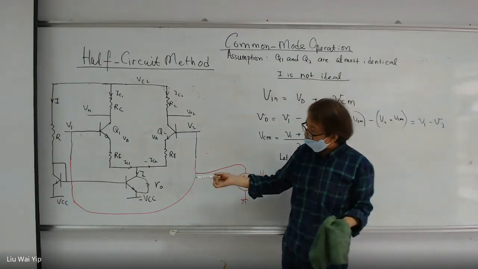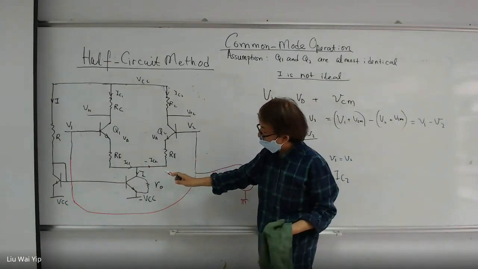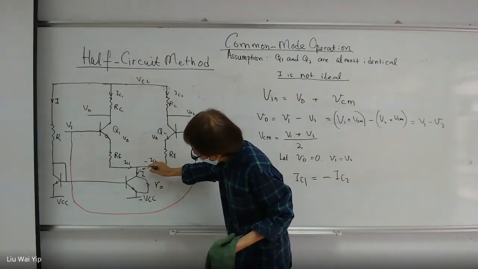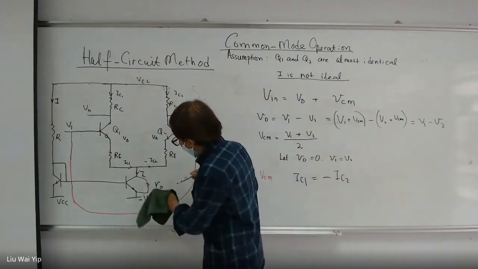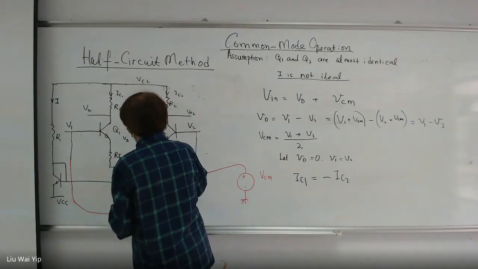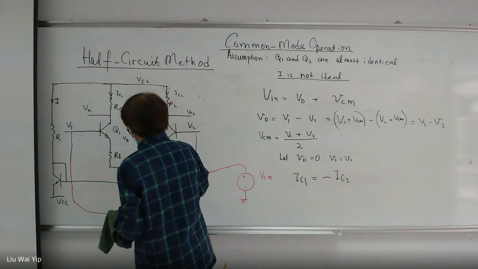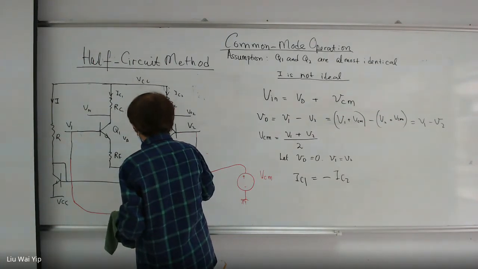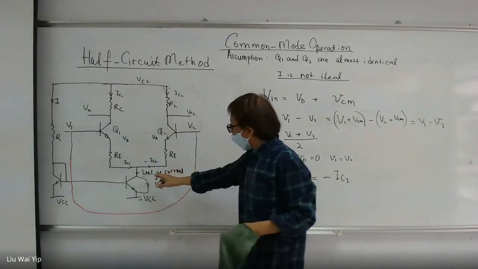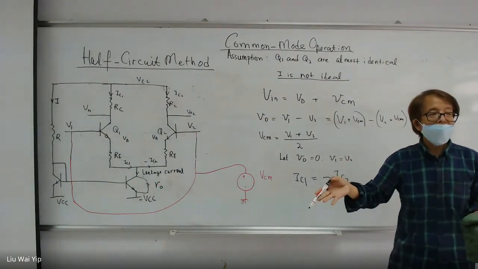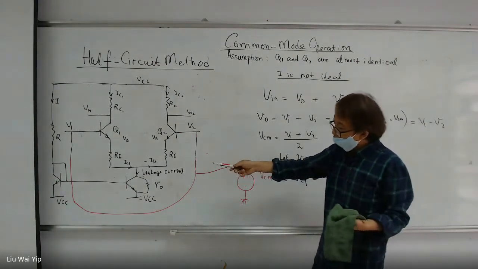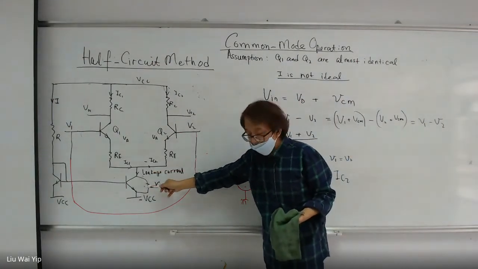So do you agree that if these two currents are not the same, some of the current has to make its way to go through here? Some of the current, I call it leakage current. Some of the current has gone into the transistor. So whenever you have imbalance, some of the leakage current will definitely go through here.